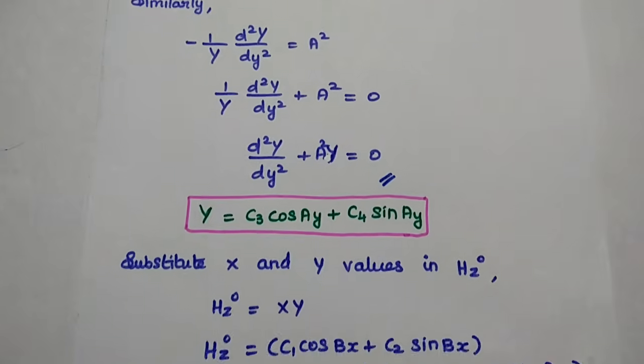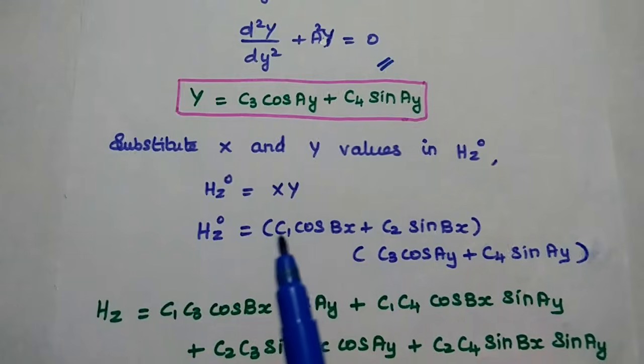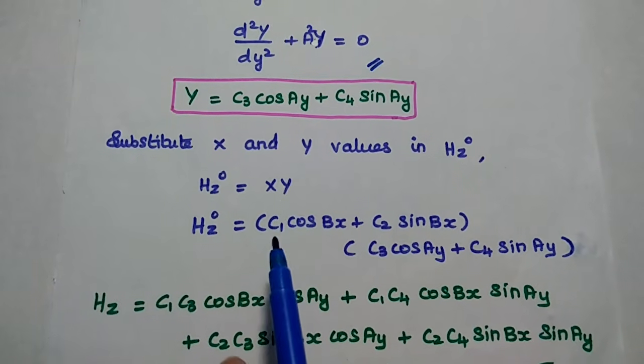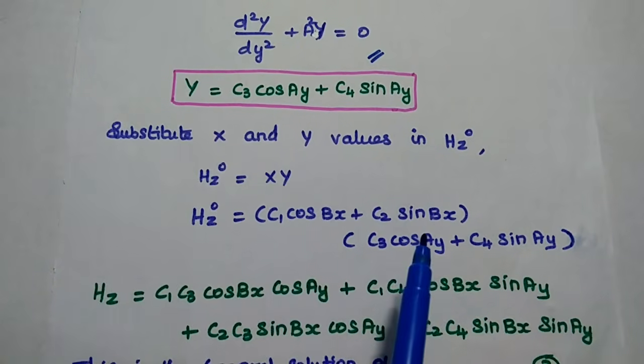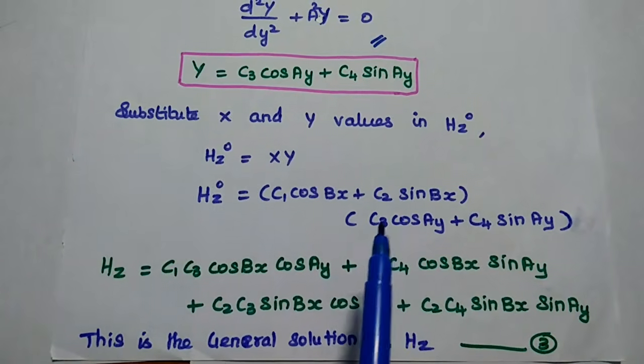Next we are going to substitute the values of X and Y in this Hz formula. Then we get Hz0 = X times Y. X is nothing but c1 cos bx + c2 sin bx. Y value is c3 cos ay + c4 sin ay. We can simply multiply all the terms together.